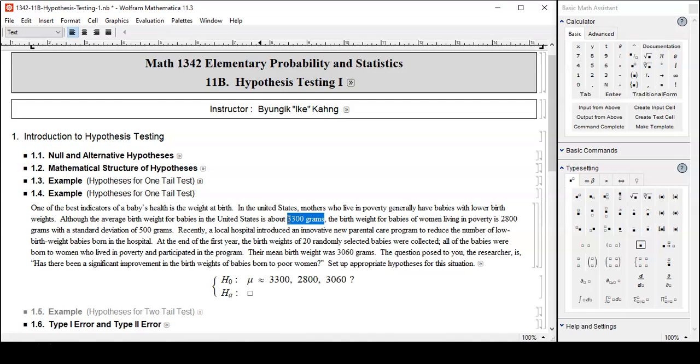But this is a big but, really big but. However, look at this problem here. Has there been a significant improvement in the birth weight of babies born to poor women? This problem and this parental care program is all about poor women.